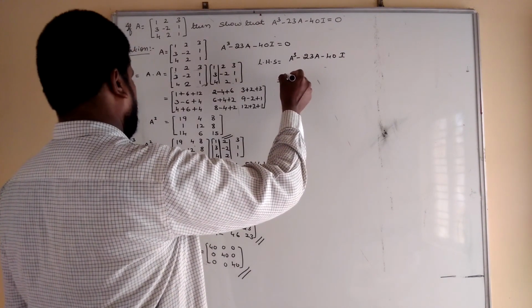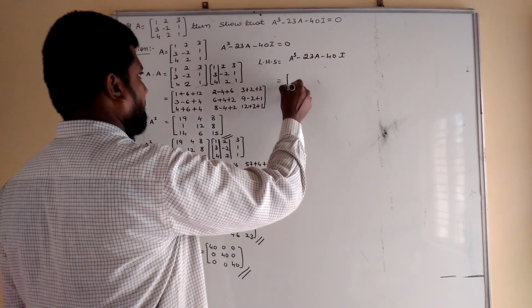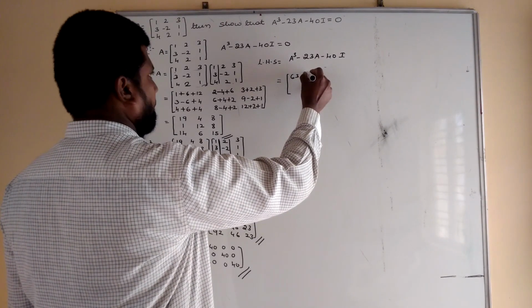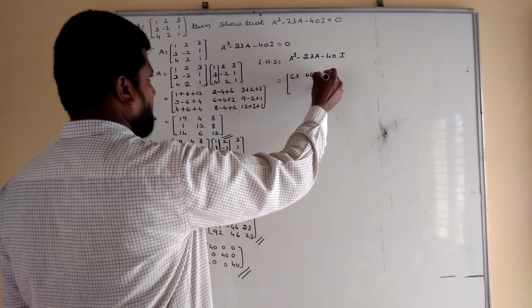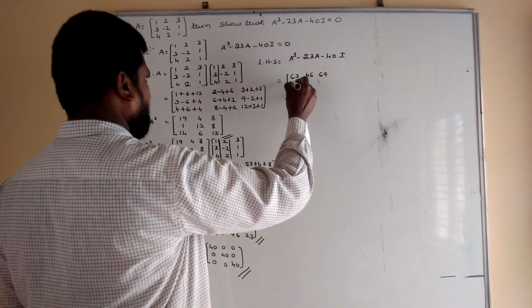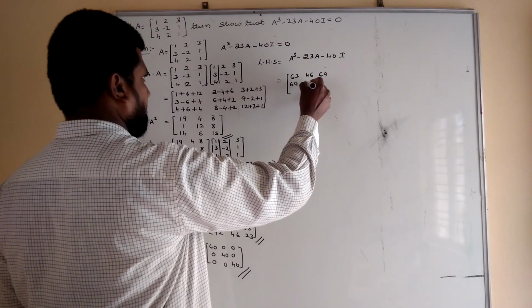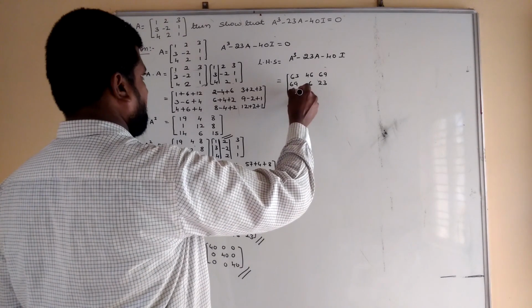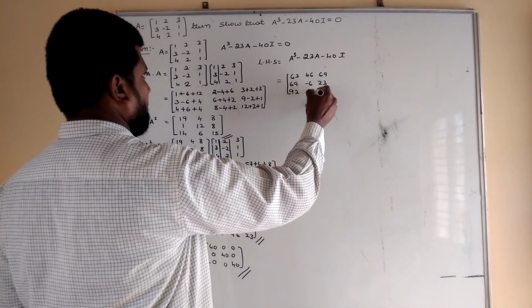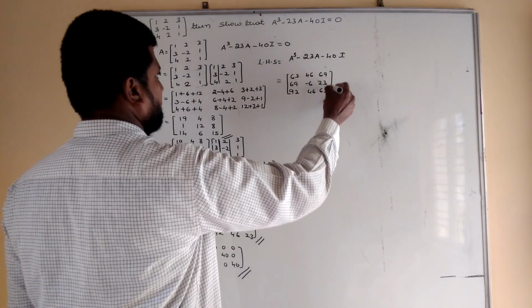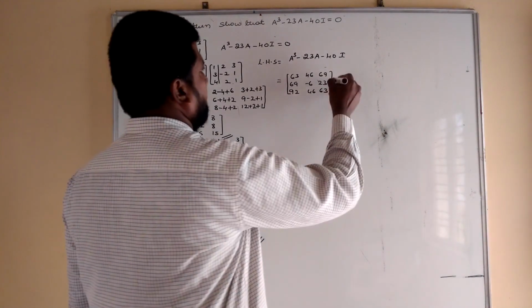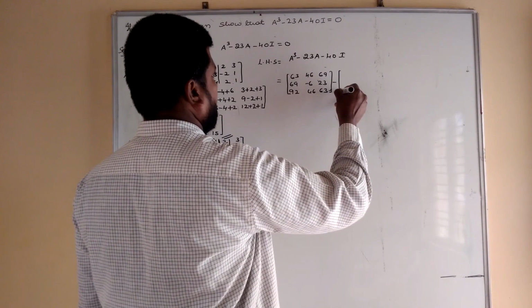What is the value of A cube? 63, 46, 69. Then 69, minus 6, 23, 92, 46, 63. So then minus 23A.